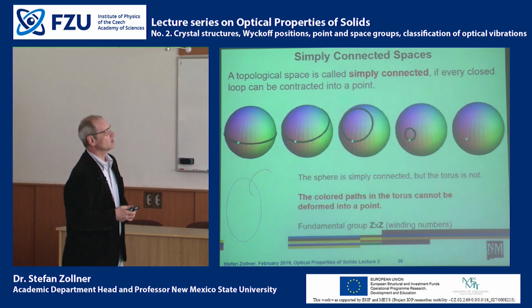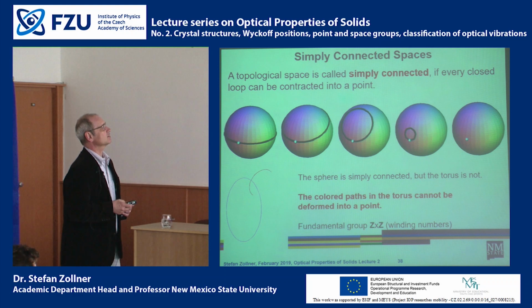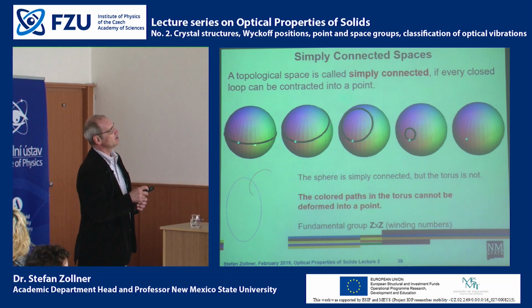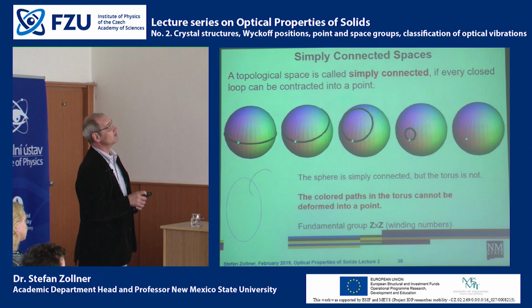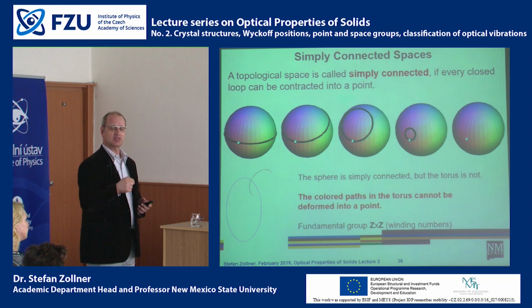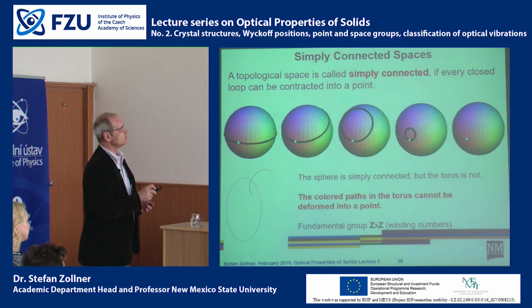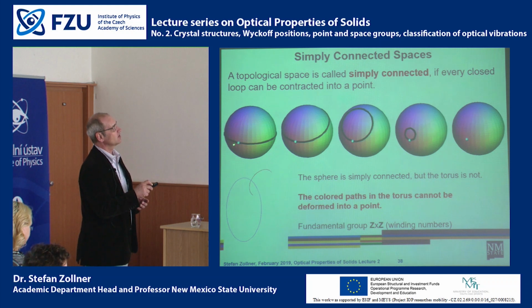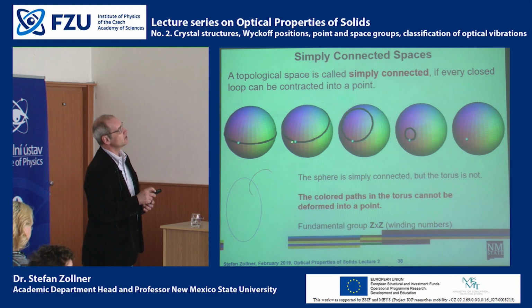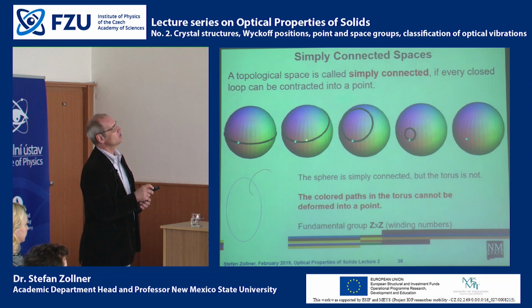Simply connected is much harder to understand. If we look at a sphere, then we can have a path on that sphere. A loop is a path which ends up in the same point. So this is the point where we start and we go around once. And we can continuously deform this loop into a point.